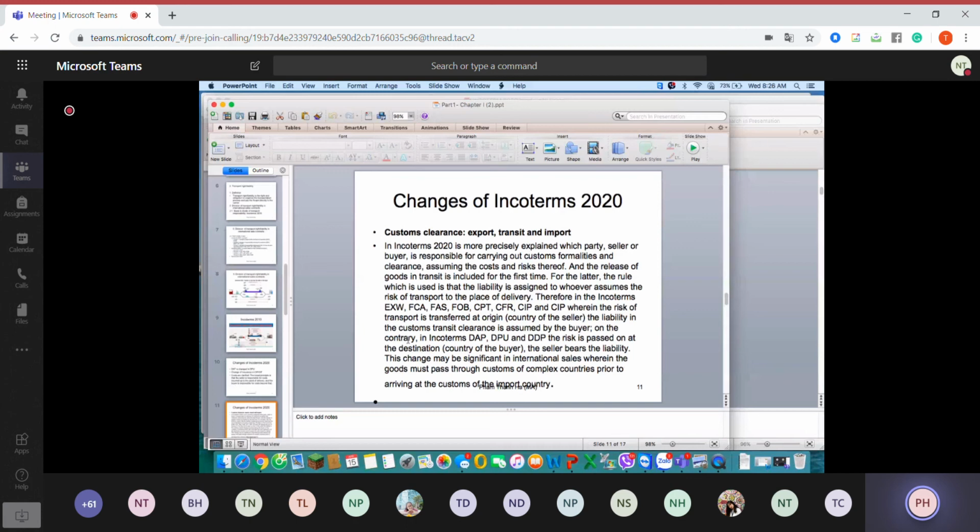The risk transfer is at origin. What I mean is the point of transfer of risk is usually at the point of origin, but for the D group, the point of transfer of risk is at the port of destination. This change will be clearer if the goods have to be transferred through many transit ports or transit points during the transportation process.